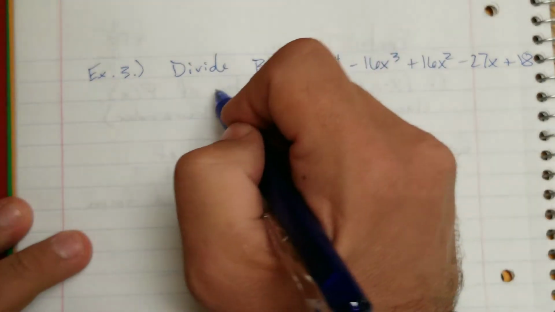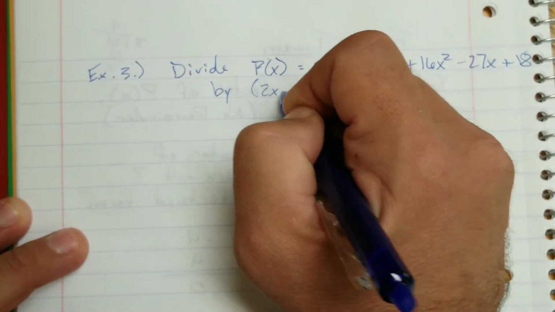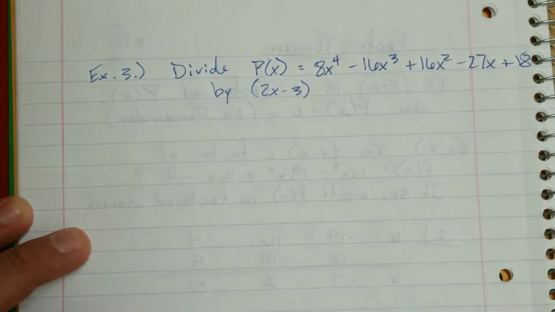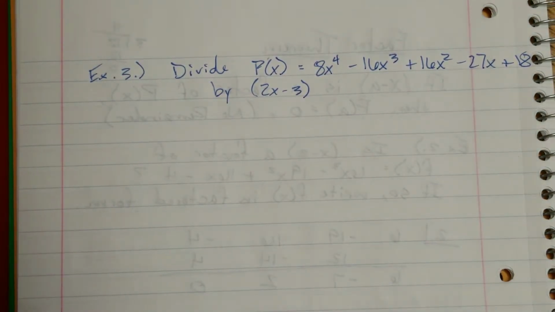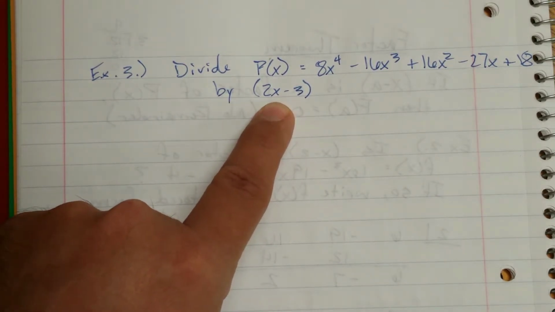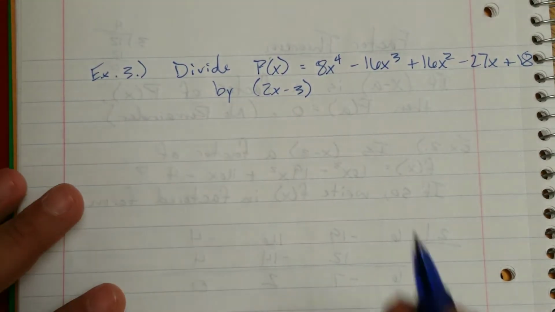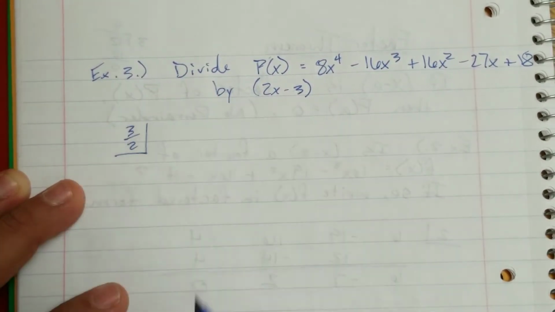We're going to divide that by 2x minus 3. So find your 0 here. So x would equal 3/2. And let's put that in the box.